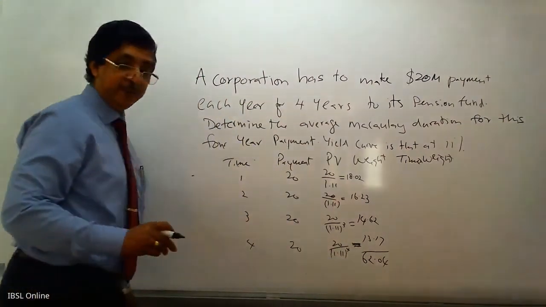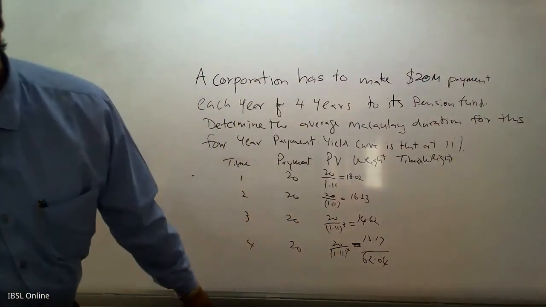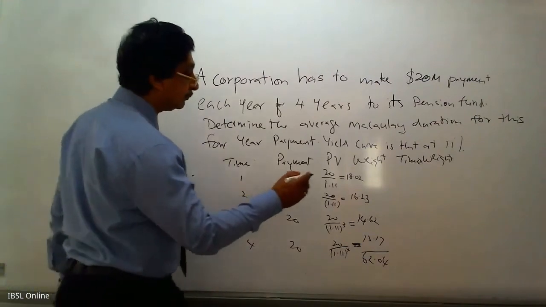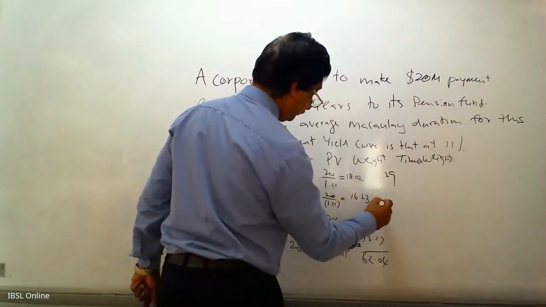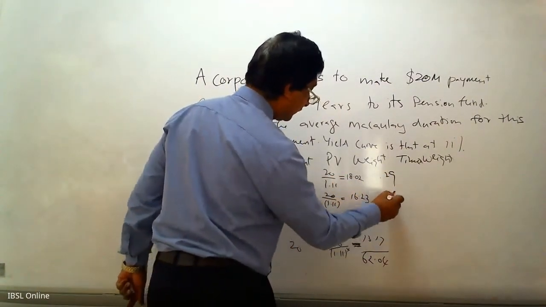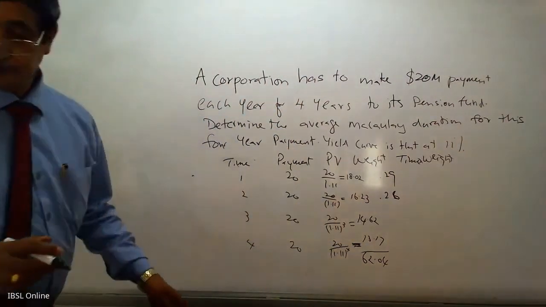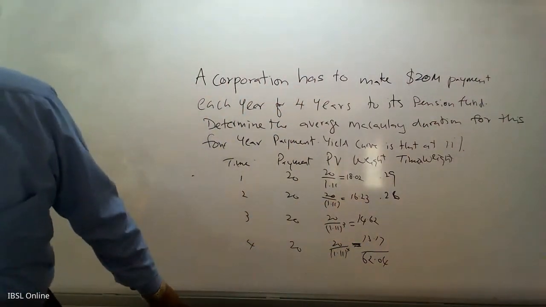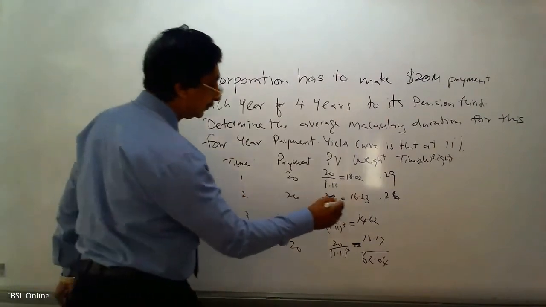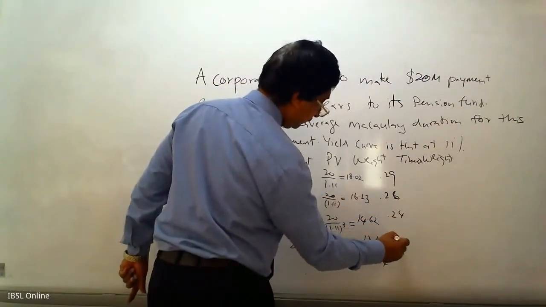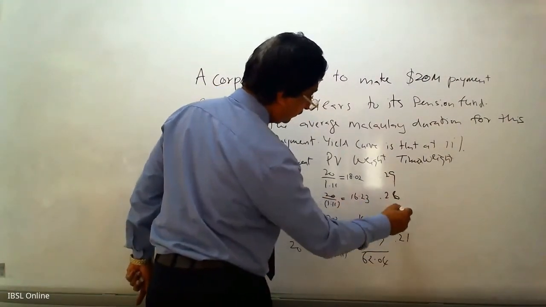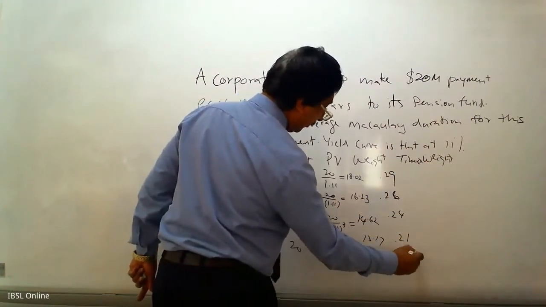Now you can have the weights. The first one you get 0.29, then 0.26, then 0.24 and 0.21. It adds up to 1.